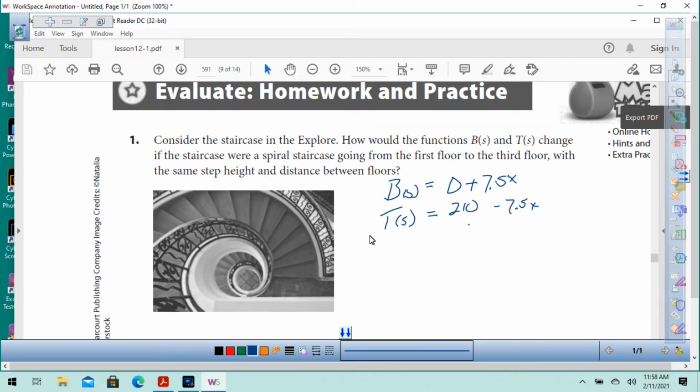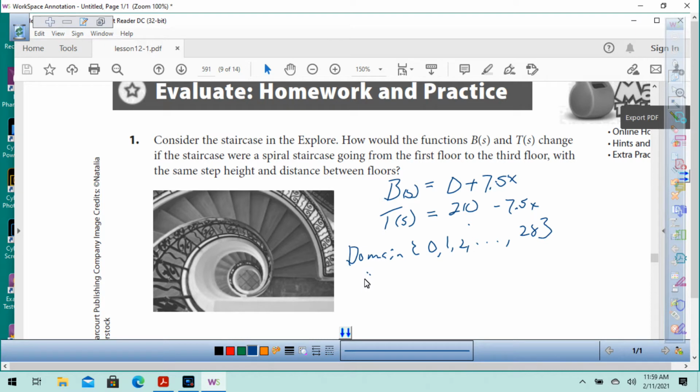Now, what about the range? Well, let's do the domain first. What's the domain? The domain would change to 0, 1, 2, and so on, to 28, because there would be 28 steps instead of 14.